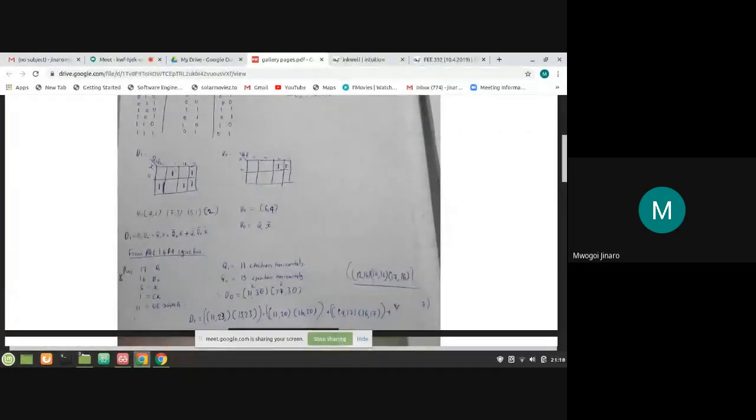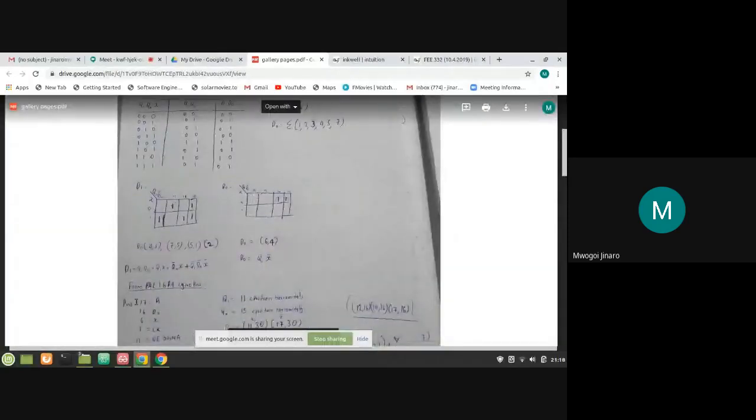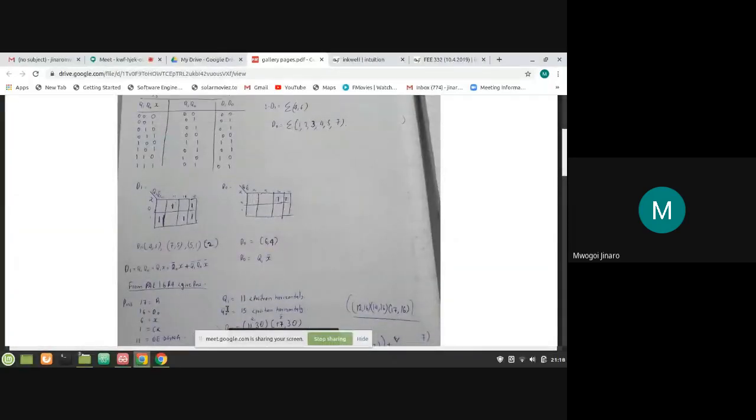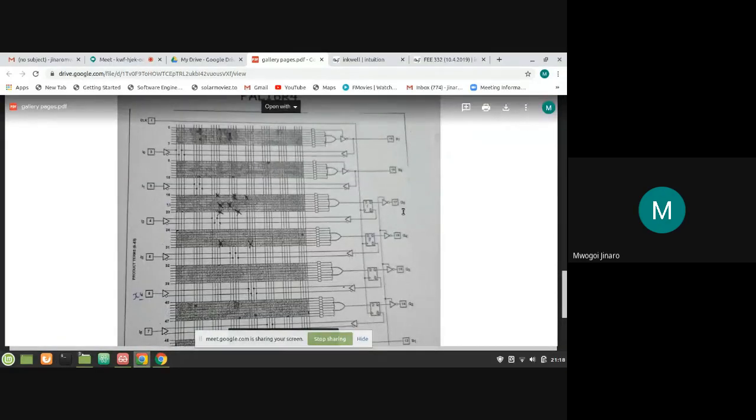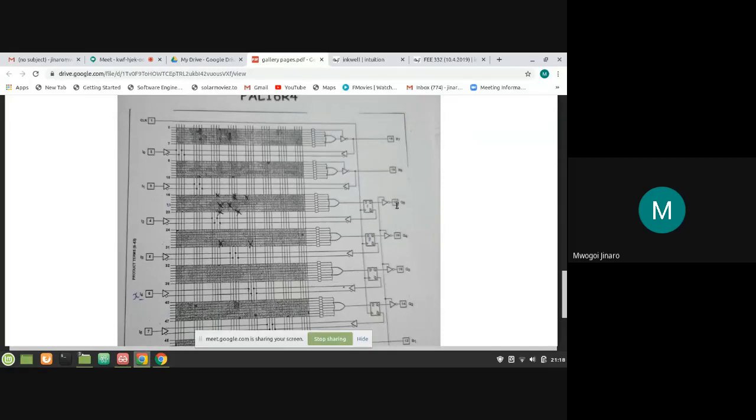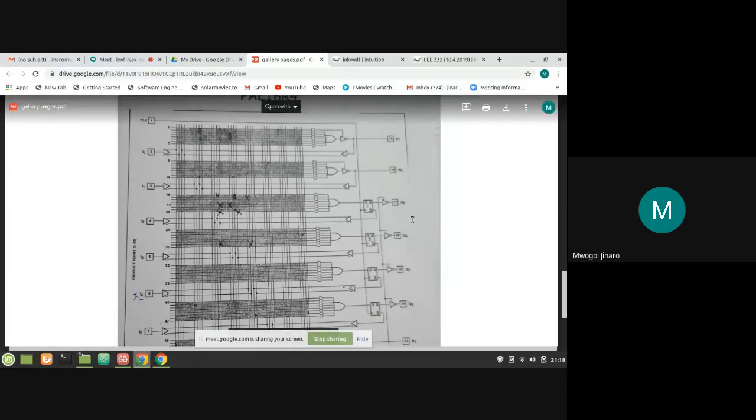So you just write that information somewhere. Then from the equations we can identify Q1 and Q0. Q1 is the output from this D flip-flop, which comes here and goes back into the grid.